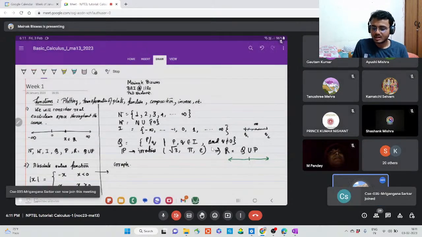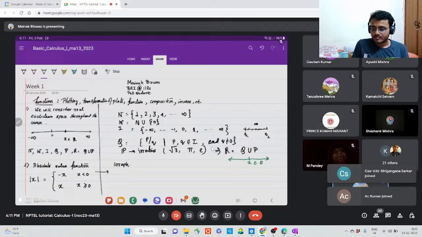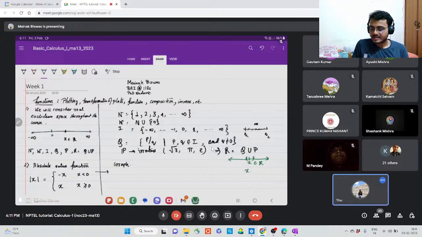For example, if you have a number x that belongs to the real number line, then for any epsilon, from x minus epsilon to x plus epsilon, you have infinite number of real numbers.